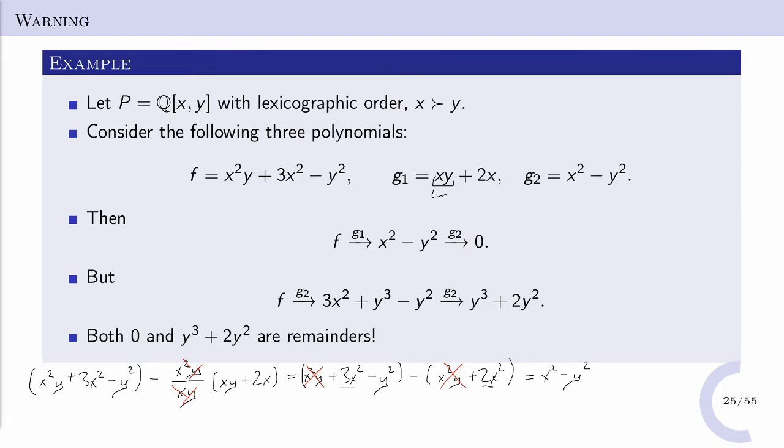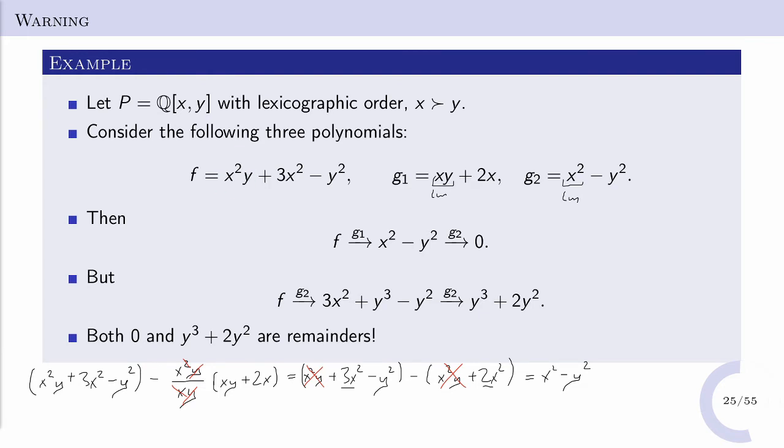But if we do the reduction in another order, so let's say that we first reduce f modulo g2, what we can do, because this is a leading monomial, and this leading monomial x squared divides this guy, and it divides this guy as well. But for example, we divide this guy.